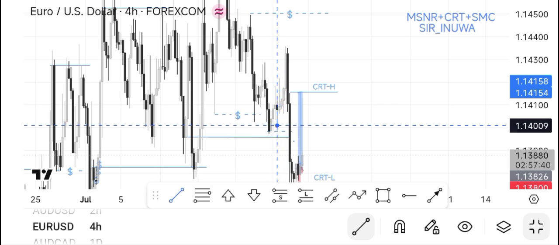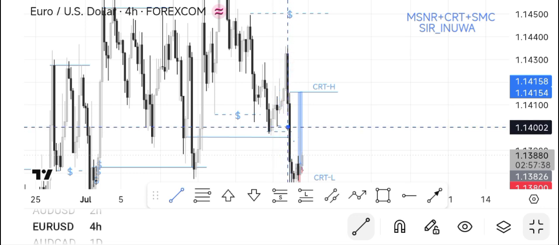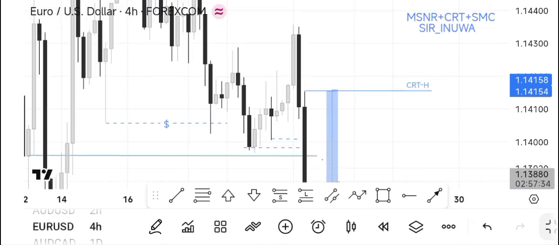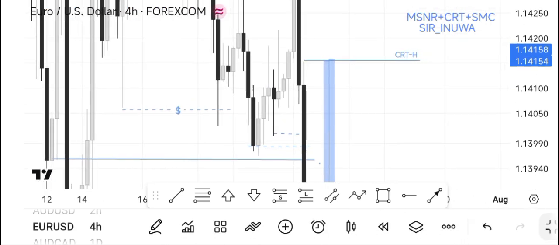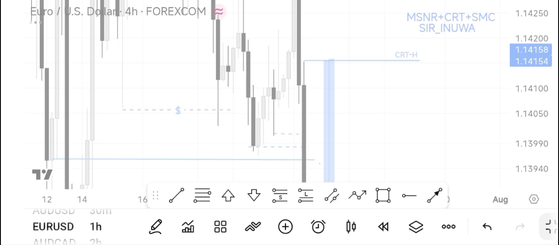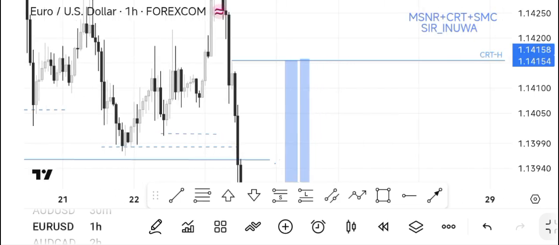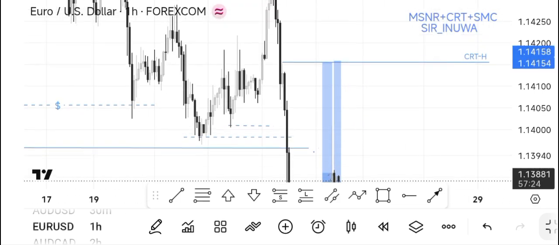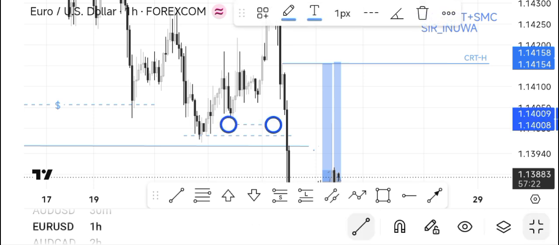This is our liquidity. So as I was saying, this is how it formed this liquidity here. A new valid liquidity. Let me show you on 1 hour. A new valid liquidity. So this is how the market treated it also.